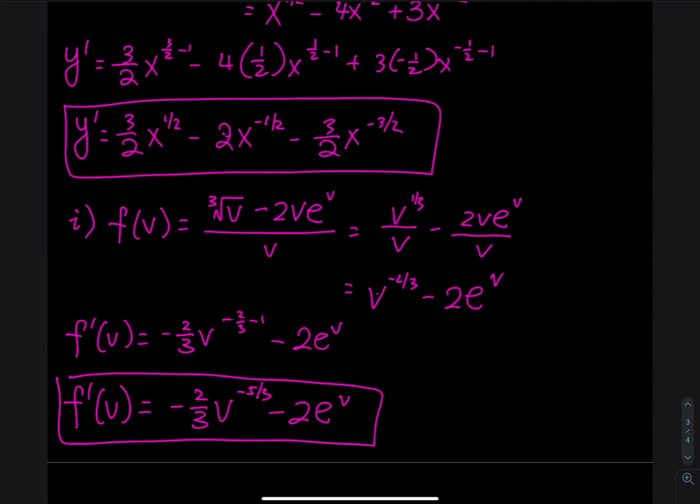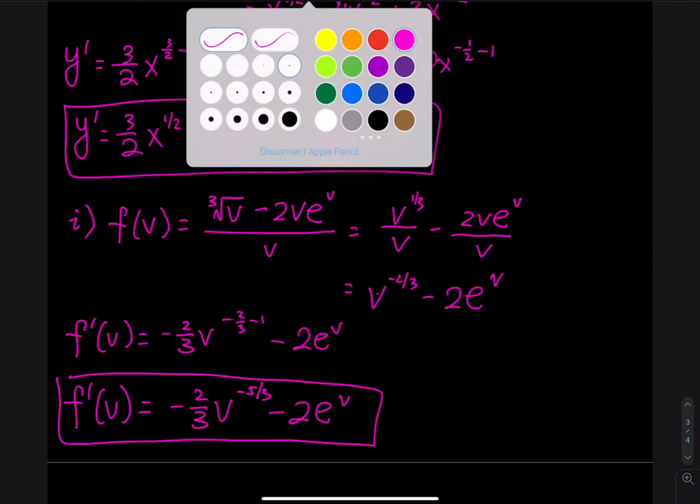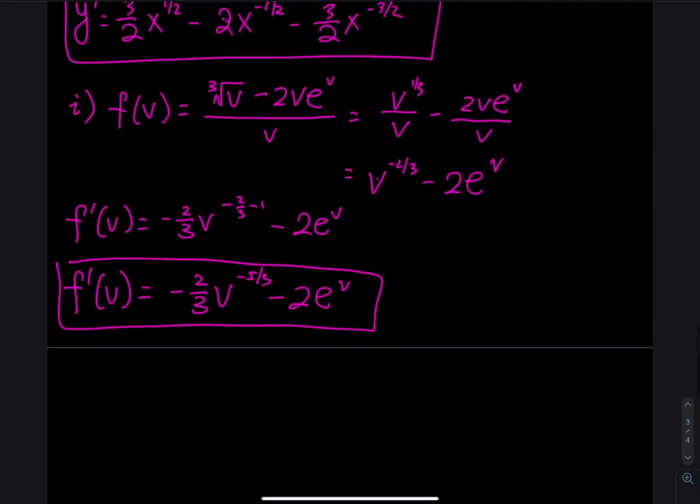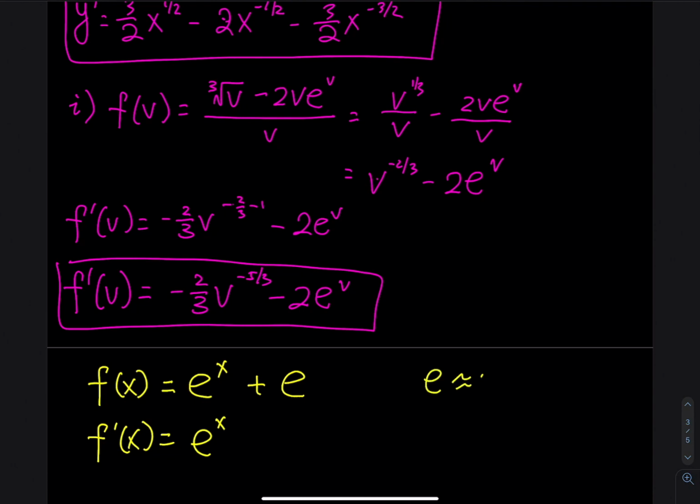Before we get to the next one, I want to discuss an extra problem. This problem I didn't type up. So let's say we have f of x equals e to the x plus e. What is the derivative? The derivative of e to the x is still e to the x. What about e? e is approximately equal to 2.71.